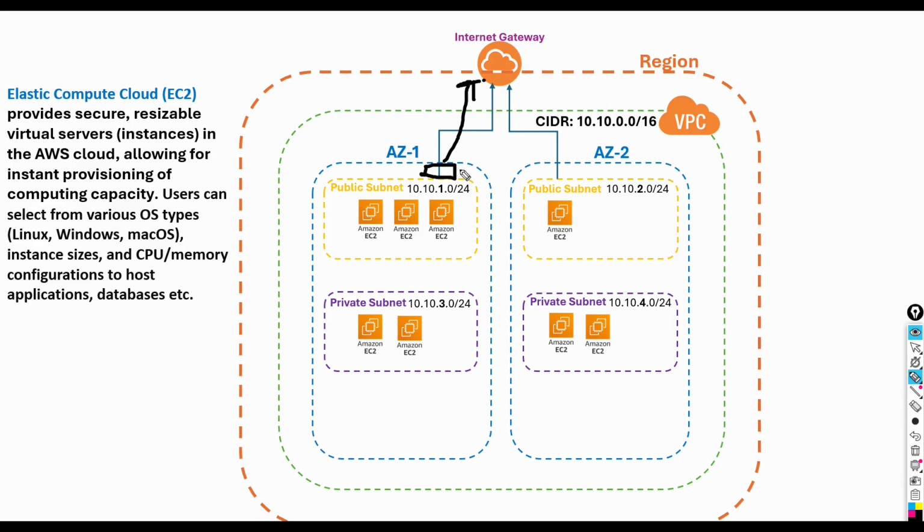Onwards, I am not going to show the public route table in the diagram, to keep it very simple. Currently I am showing the direct connection of the public subnet to the internet gateway, but just consider there is a public route table which has the default route towards the internet gateway. Hence, this is the public subnet.